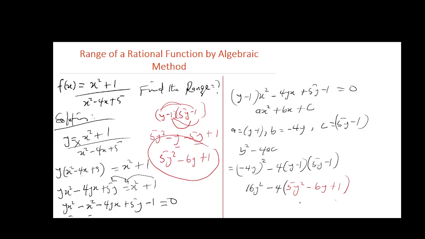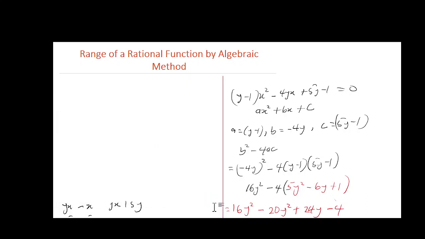We can expand this to have that 16y squared minus 4 multiply 5y squared will give us minus 20y squared, minus 4 multiply minus 6y will give us plus 24y, and minus 4 multiply plus 1 will give us minus 4. So let's go ahead and solve the remaining part of the equation.